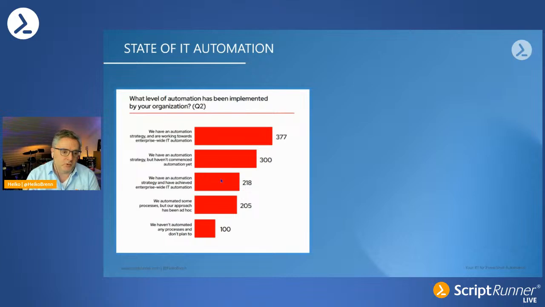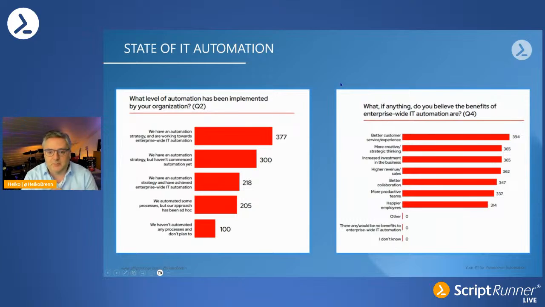We have, of course, organizations who are on the way, who are trying to get there, down to organizations who have not even planned to go for an IT automation strategy, which I guess is not the best way of doing things, especially in large organizations. I think an enterprise-wide IT automation strategy is really key for every enterprise organization to move forward, to be successful.